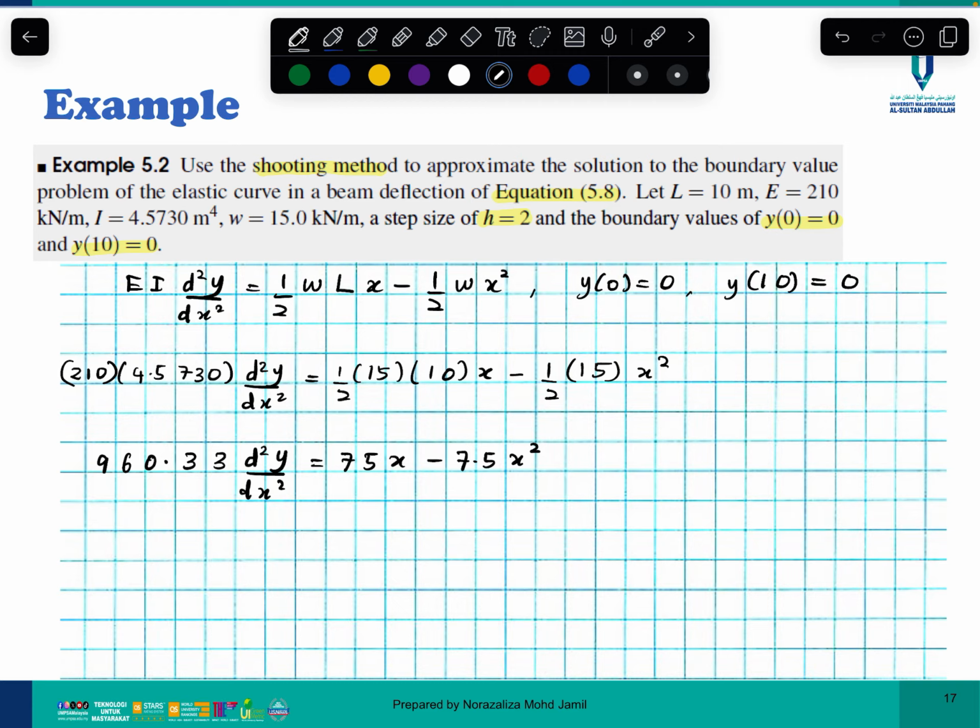So let's make the second derivative the function. That means we want to divide: we bring this to the right hand side, so the right hand side is divided by that value.